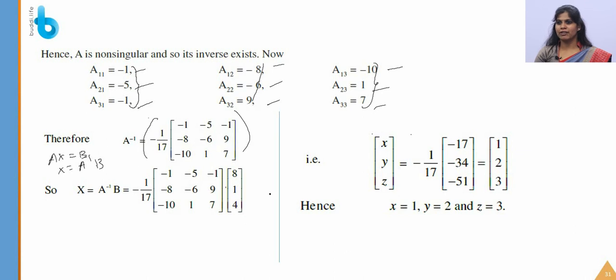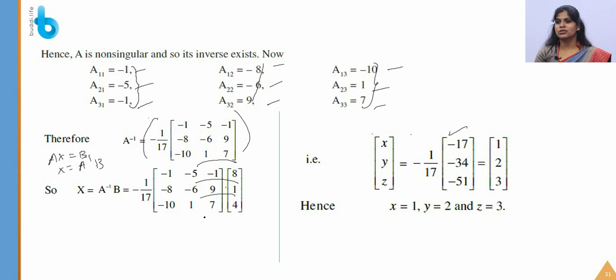Now you have to multiply these two matrices. I taught you an easy way to multiply in the previous class, so please refer to the previous video. Multiply so that you will get a column matrix. Why are we getting a column matrix?